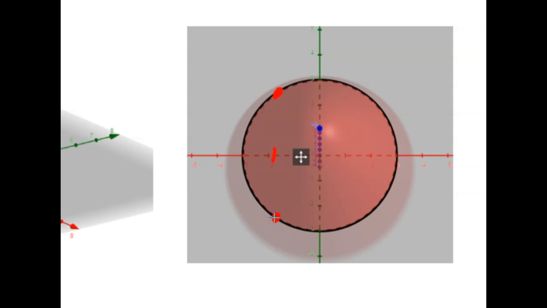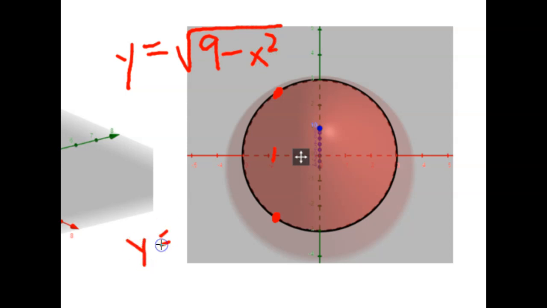The equation of that circle is y equals, on the upper end, the positive square root of 9 minus x squared. And on the bottom end, it's y equals the negative square root of 9 minus x squared. So these are the values that y ranges between for any given x.